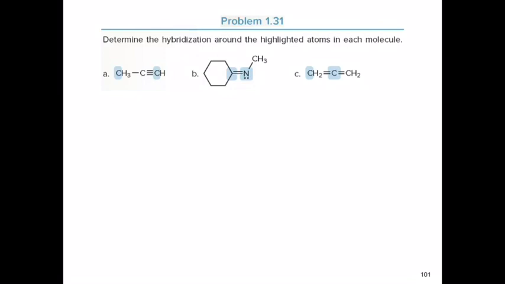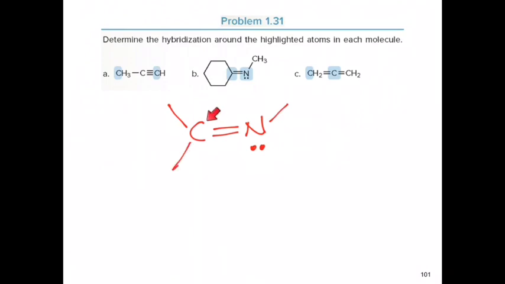All right, so what about this second molecule here? Let's look at this carbon and the nitrogen. We have a carbon that's double bonded to a nitrogen, and this nitrogen has a lone pair and is connected to another carbon. And then this carbon atom is connected to two other carbons.